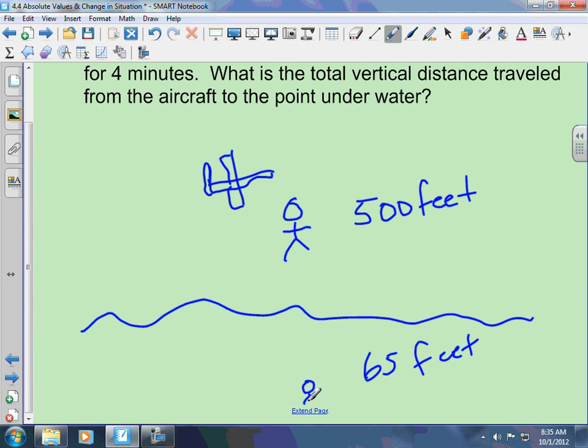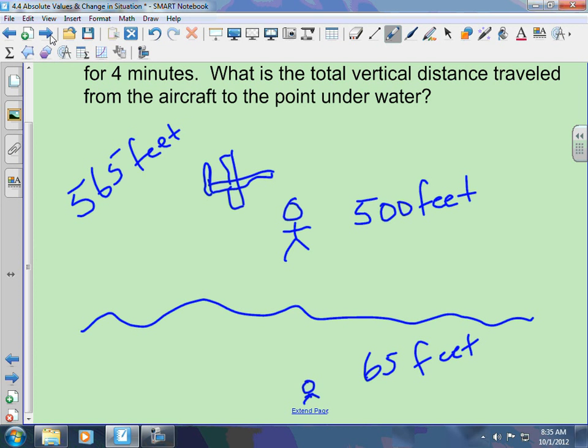So he ends up way down here. Are we going to add these two numbers or subtract them? We're going to add them. He's falling 500 feet, then 65 feet. So he falls a total of 565 feet.